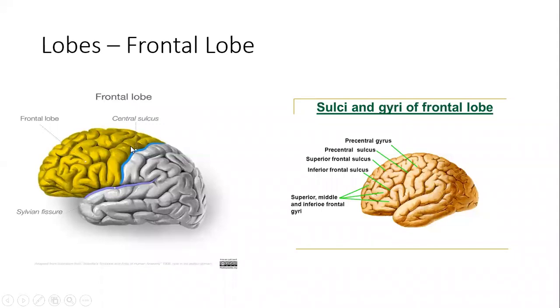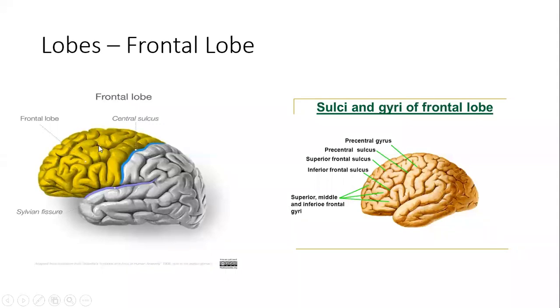So the gyrus that is present just anterior to the central sulcus is labeled as precentral gyrus, meaning in front of the central sulcus. And next to this gyrus is the sulcus that is called the precentral sulcus. So that means the precentral gyrus lies between 2 sulci: behind, the central sulcus, and anteriorly, the precentral sulcus.